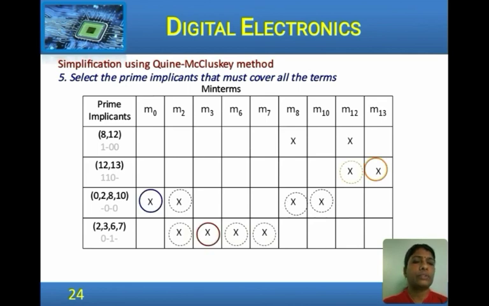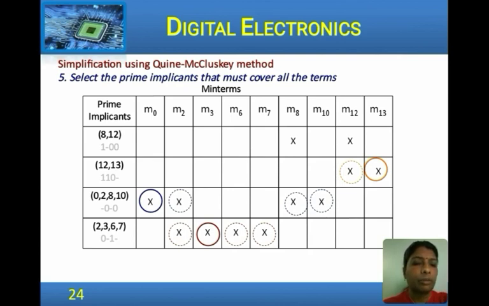Next we shall try to select the minimum number of prime implicants that should cover all the minterms. So you should be careful about choosing the prime implicants. So we will go ahead, first circle all the minterms that have an essential prime implicant, that is they are covered only by one prime implicant.